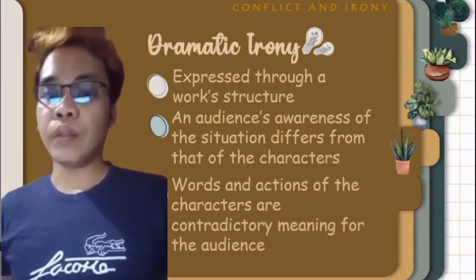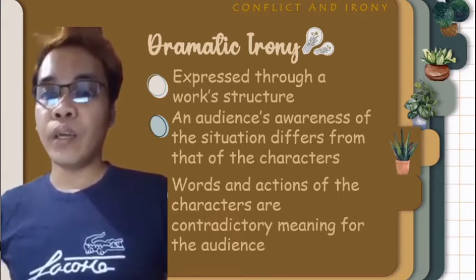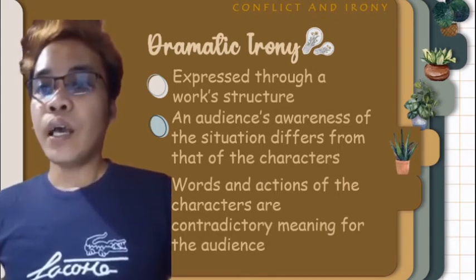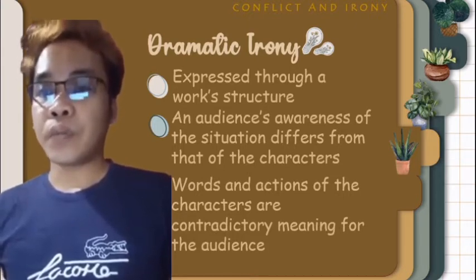Okay, so let's talk about the first two types of irony. We have here dramatic irony. Dramatic irony is a form of irony that is expressed through a work's structure.